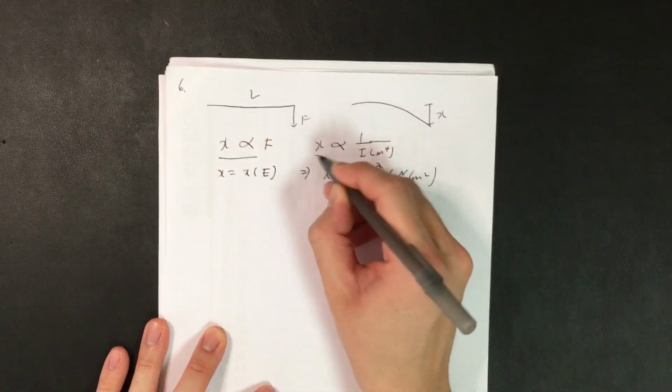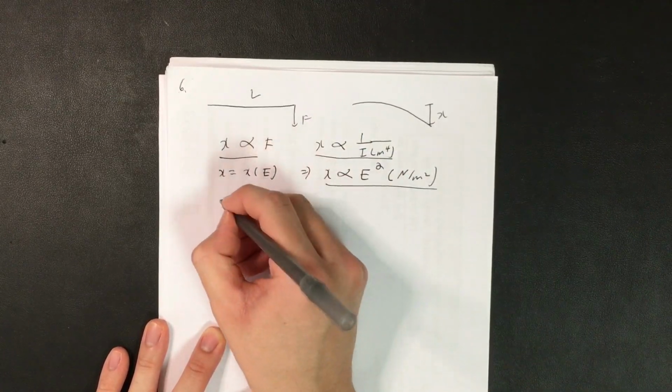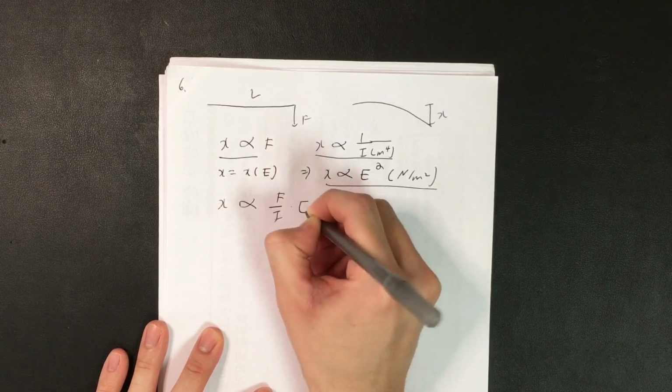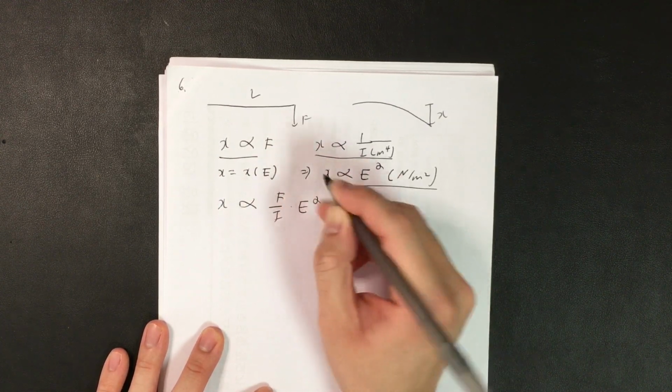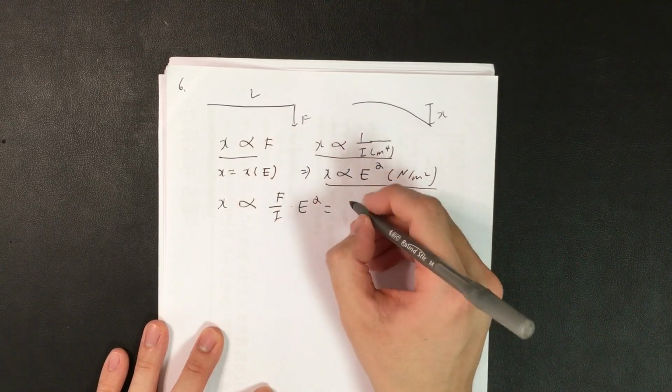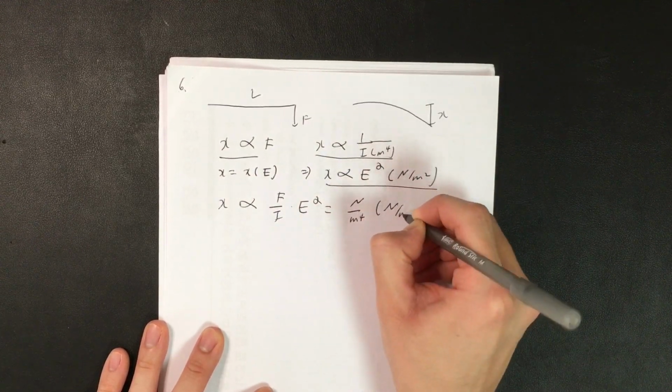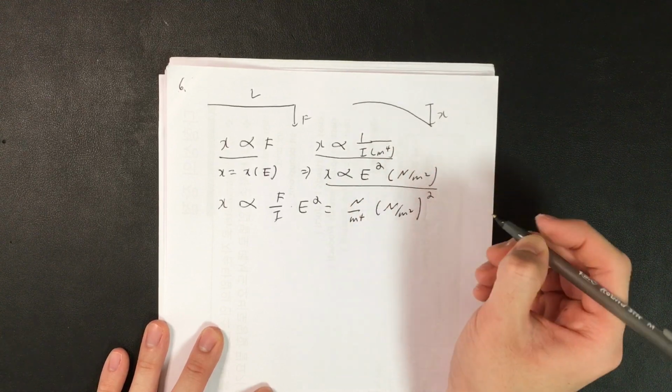The combination of these three relations leads to the fact that x is proportional to F over I times E to the alpha power. And plugging in the corresponding units, this equals Newton over meter to the 4th power times Newton over meter squared to the alpha power.